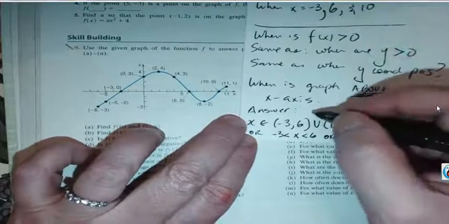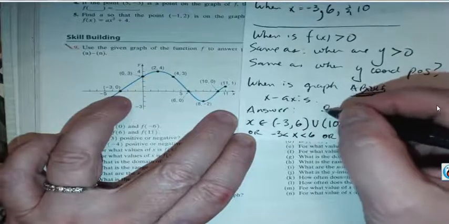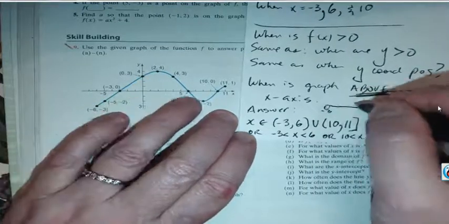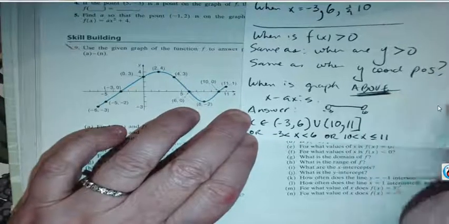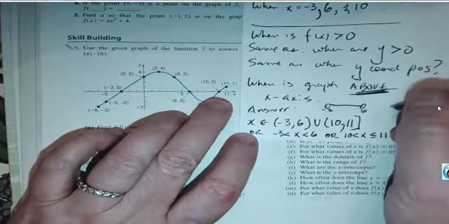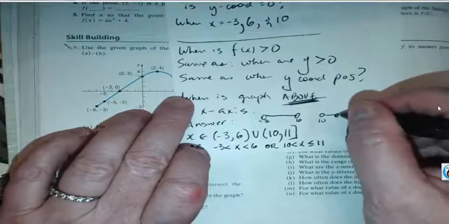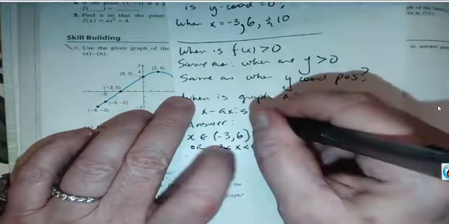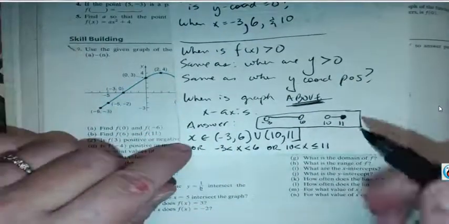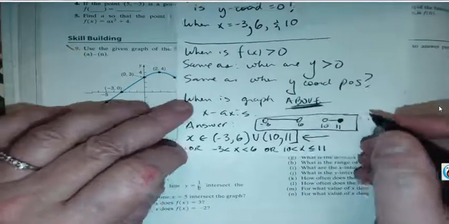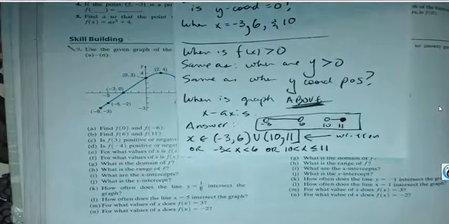On the number line, when x is between -3 and +6, and then when x is between 10 and 11, include 11. So these three answers would be the same thing. I would expect it would be written like that on a multiple choice test or in the back of the book.